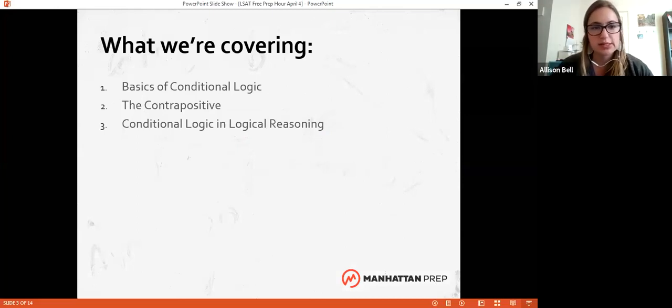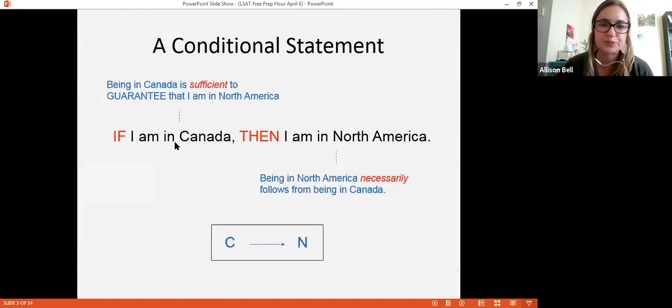We're going to start today by learning some basics of conditional logic, and then we're going to talk about a particular basic of conditional logic called the contrapositive. And then we're going to focus in particular on how conditional logic is used in the logical reasoning section. But what we learn about conditional logic in the first and second parts of the lesson are also going to be really, really useful to your work on logic games.